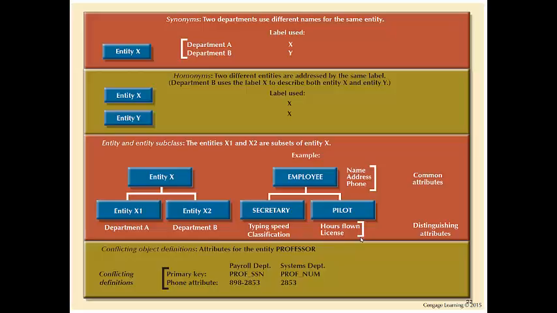Well, here's this idea of how different perspectives exist. So sometimes you have a situation where here we have this one thing in the world, and in Department A they give it one name, and Department B another, right? So they are referring to the same thing with different names. Here we have people in two different departments who have two different things, but they give them the same name.